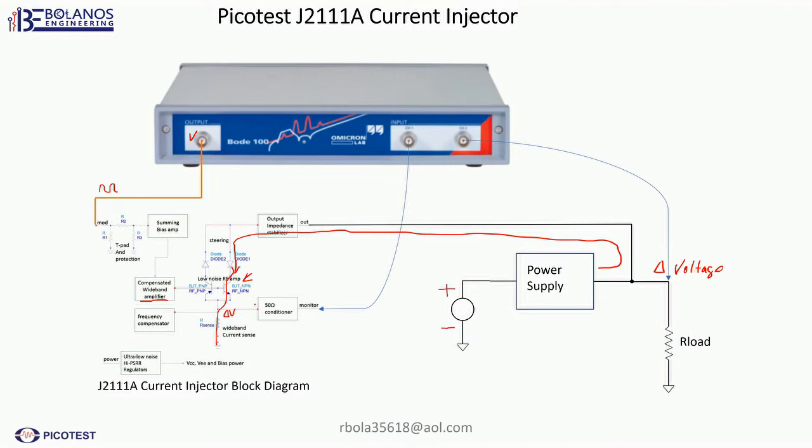That goes through an amplifier, so you have a delta I coming out from the J2111A, and that is fed to channel 1. Channel 1 has a delta I, and channel 2 has a delta V. So to measure the impedance, you take the delta V and the delta I, and you've got your measurement.